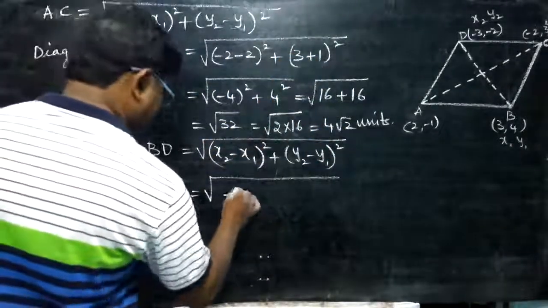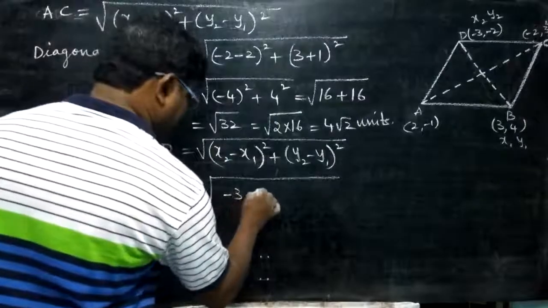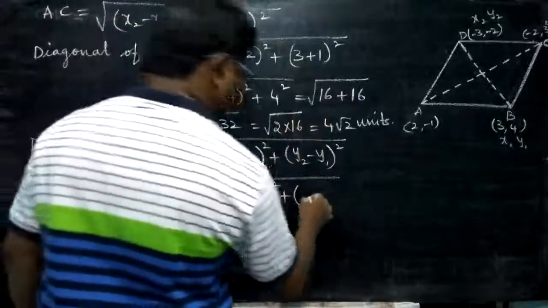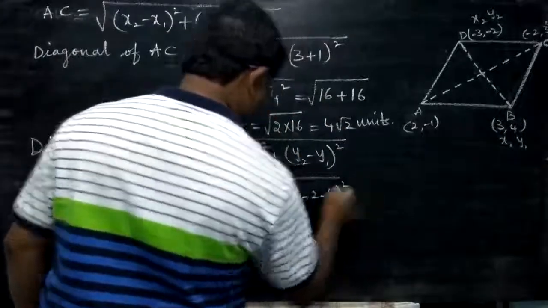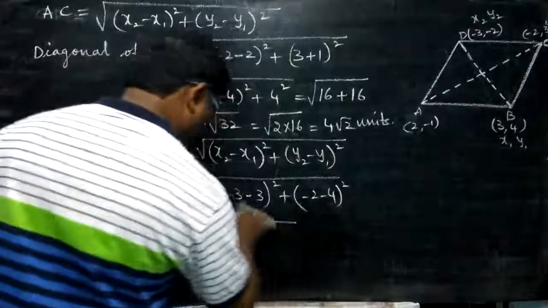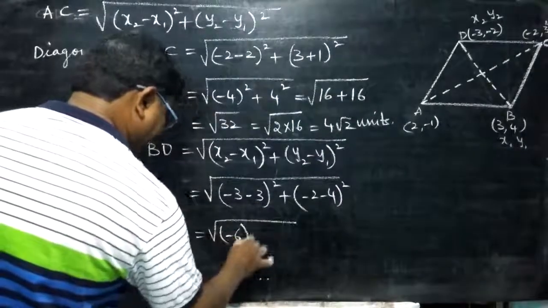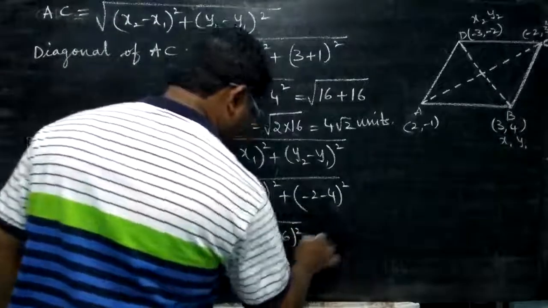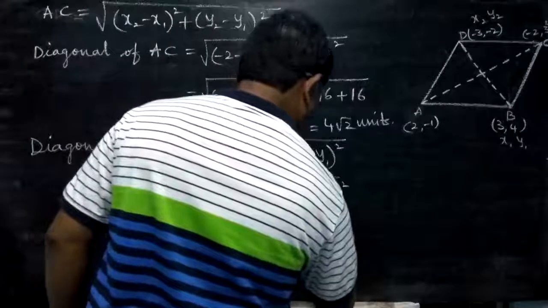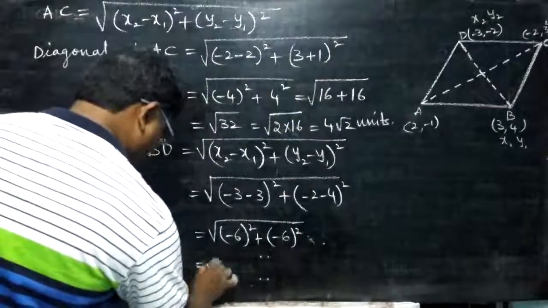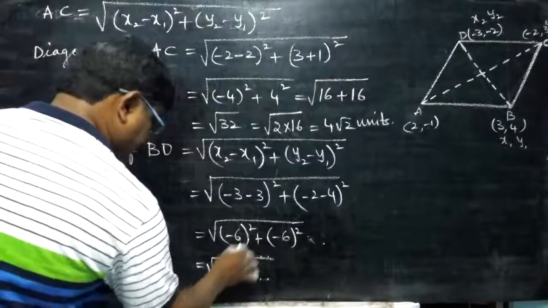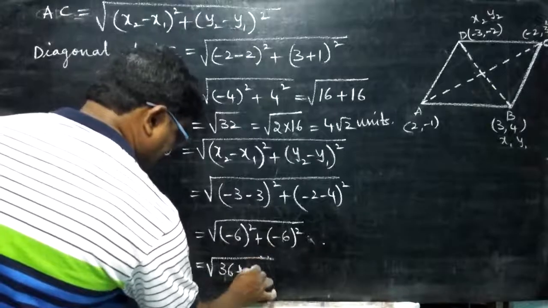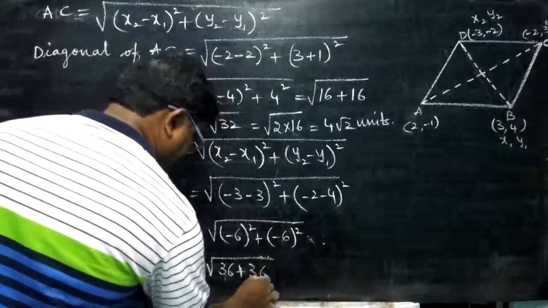Minus 3, and x1 is minus, again 3 whole square, plus y2 is minus 2 minus 4 whole square, that is square root of (-6) whole square plus (-6) whole square, that is equal to square root of minus into minus plus, 6 6s are 36, minus into minus plus, 6 6s are 36, same.